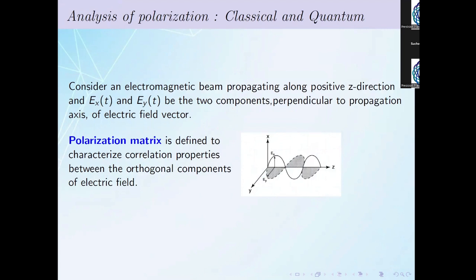If we consider an electromagnetic beam propagating along the positive z direction, and the two mutually orthogonal components Ex(t) and Ey(t), which are perpendicular to the propagation axis, the polarization matrix is defined to characterize correlation properties between the orthogonal components of the electric field.